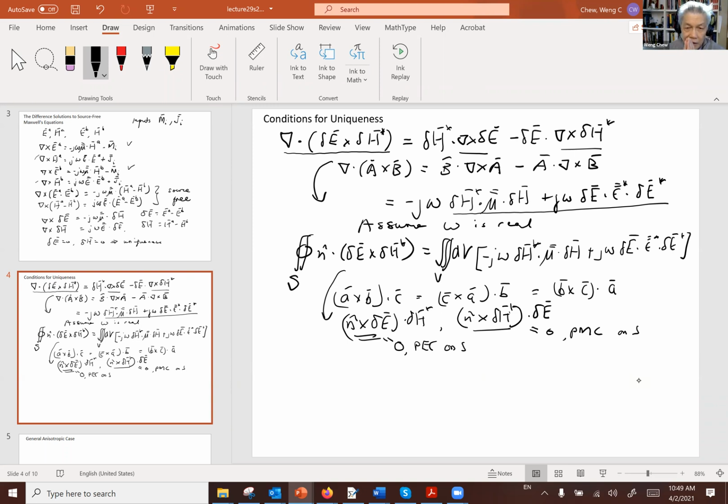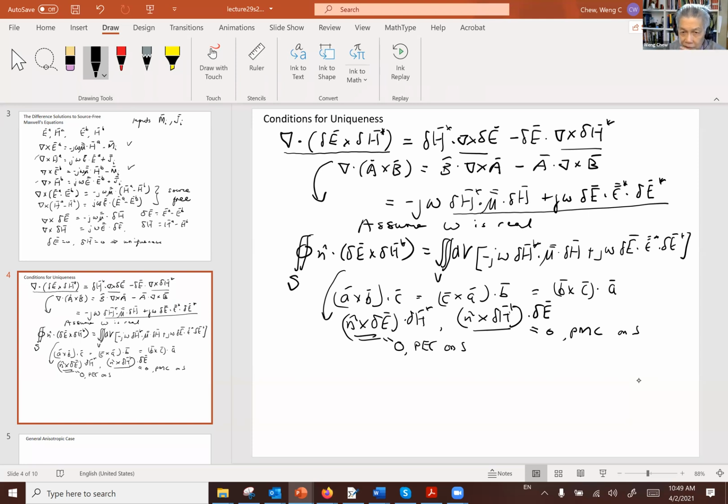With either one of these two boundary conditions on the surface S, the left-hand side can be made to be 0. Can you see that? Or you need me to elaborate more? If you can see that, then you can move on and go on with more proof.